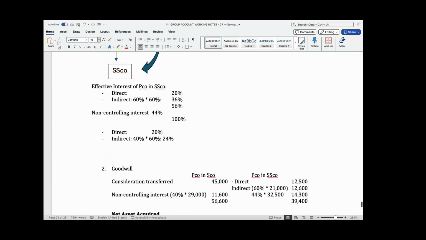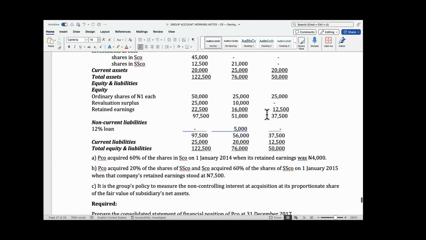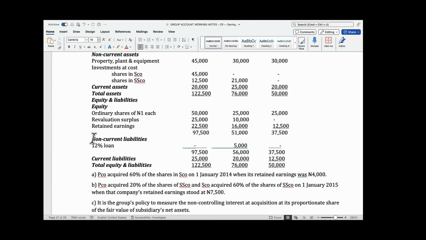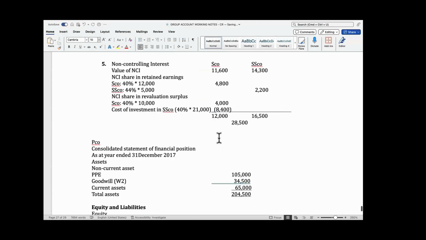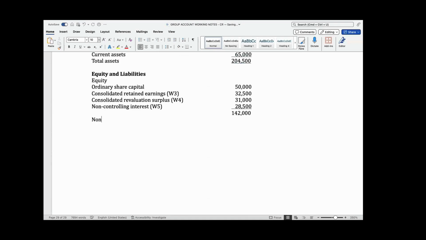Then what again? 12% loan. How much? 5,000. See, that one is under non-current liabilities.